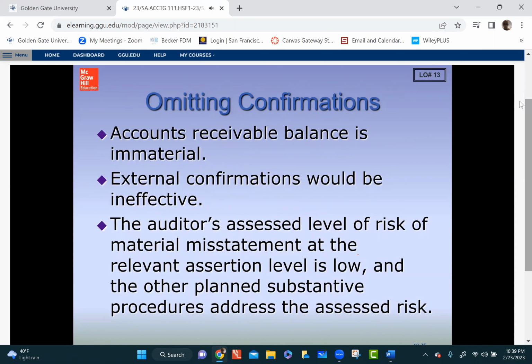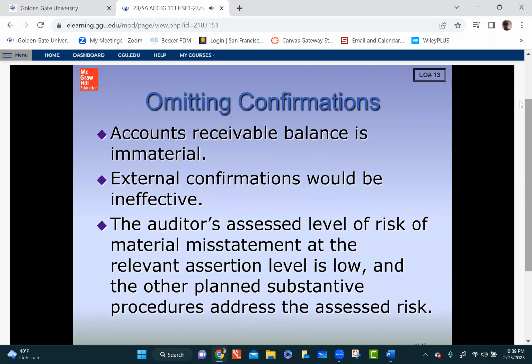Is there an alternative procedure that you could perform and not confirm the account receivable? So I'm pitching that question to you guys. Let's say you have a client that says, we really would prefer you not to do this confirmation process. Can you do something else? Is there an alternative procedure if confirmation is not possible?